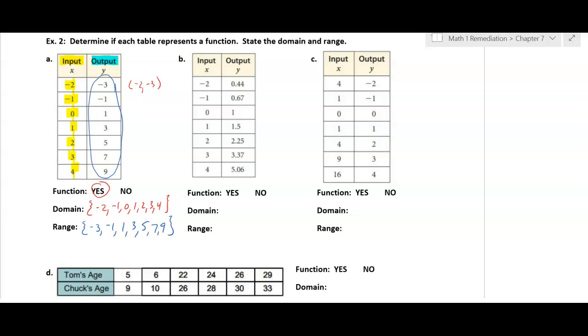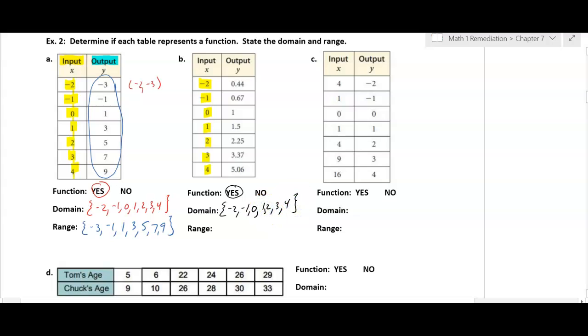Okay, how about the second one? When we look at the second example, I have -2, -1, 0, 1, 2, 3, 4. Do any of my x values repeat? No. Therefore, yes, that is a function. My domain is pretty simple. -2, -1, 0, 1, 2, 3, and 4.